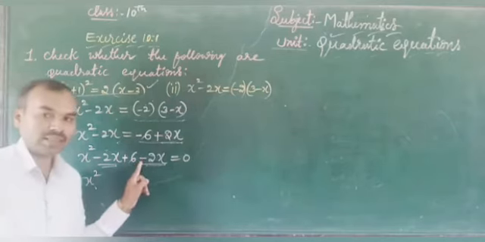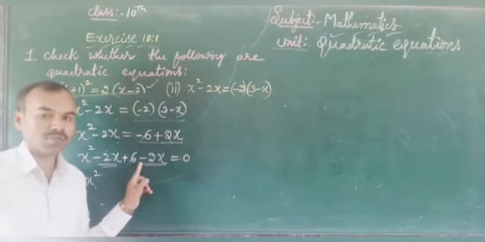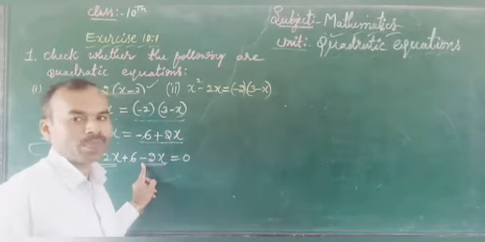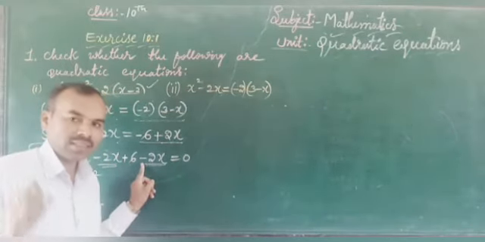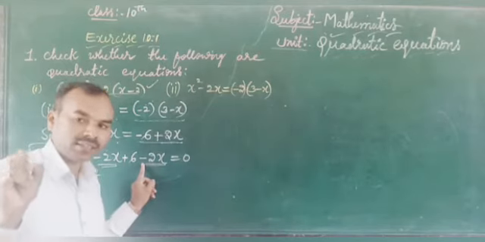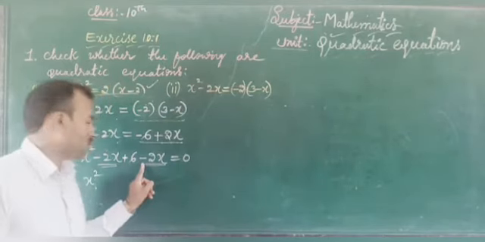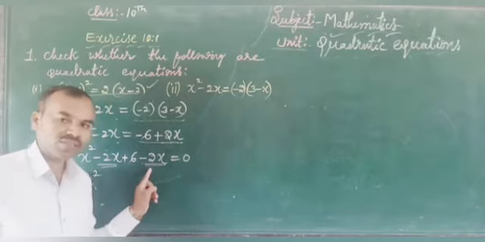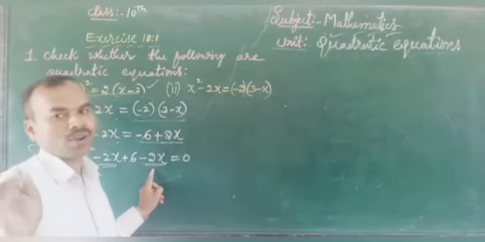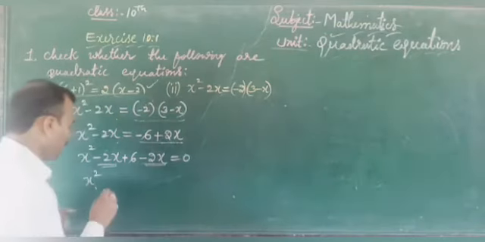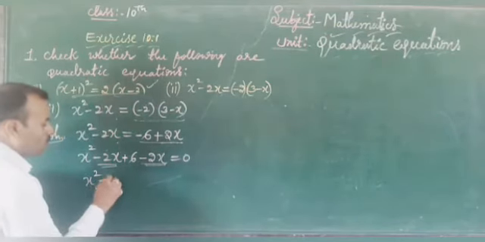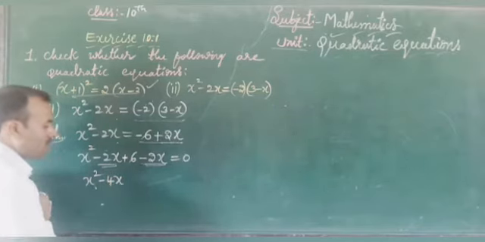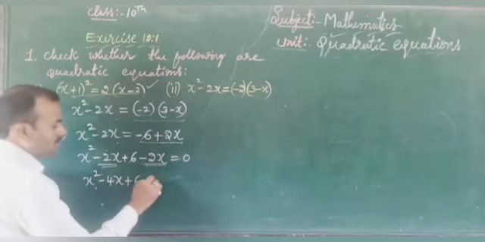Here these two terms are like sign terms. We already know that like sign terms should be added. So minus 2x minus 2x is minus 4x. We have to add and write the same sign. Here it is minus 4x plus 6.